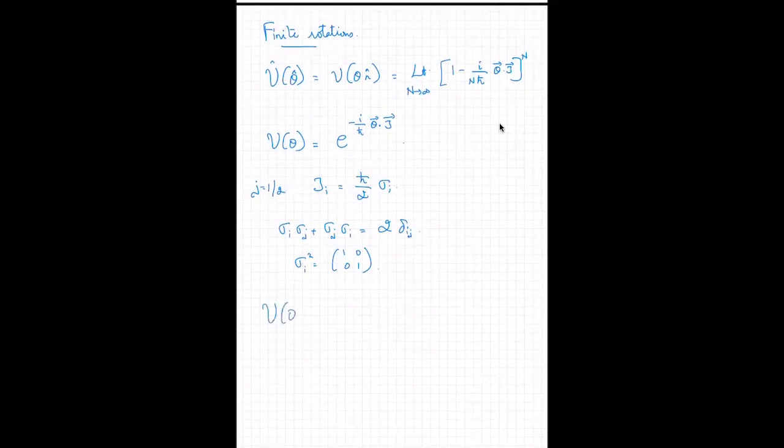So U of theta for J equal to 1/2 is e to the minus i over h bar theta dot J, which can be written as theta_i J_i. But for J equal to 1/2, J_i is just h bar over 2 sigma_i. So this is e to the minus i over h bar theta_i h bar over 2 sigma_i.